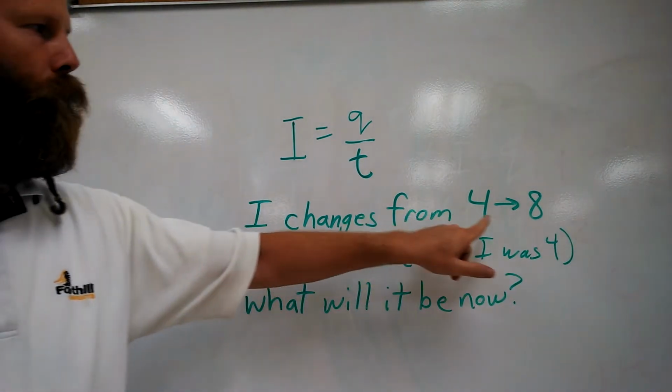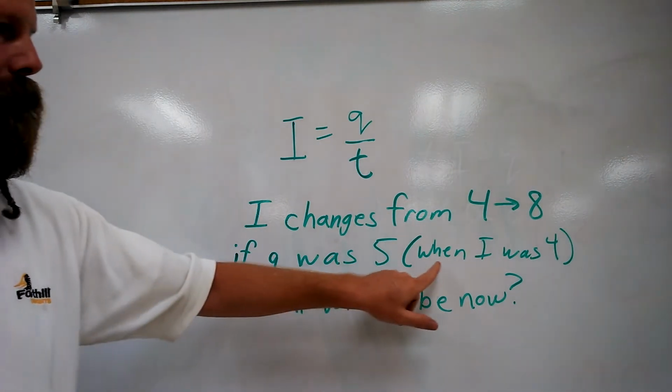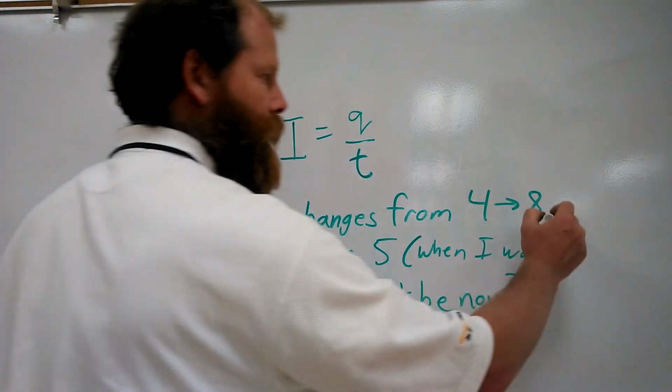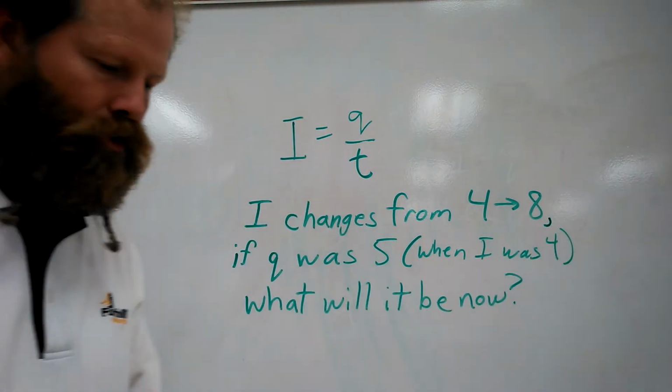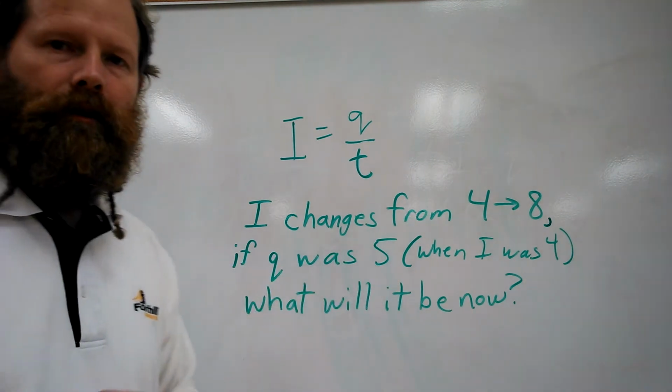I changes from 4 to 8. If Q was 5 when I was 4, what will it be now? Okay, so we've set up our original values, you might say. I is 4 and Q is 5.